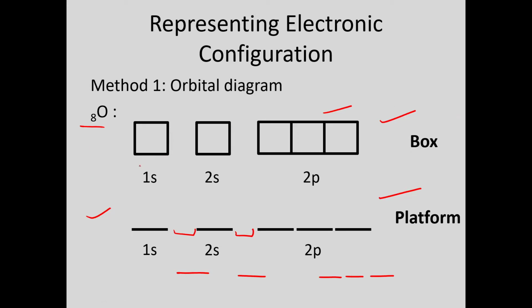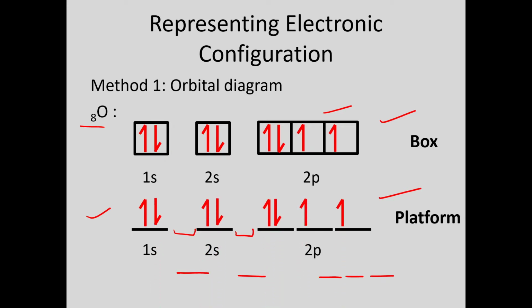So, inilah cara dia. Kita ada 2 cara kita nak tulis lah. Kita ada box dengan platform. So, 8 elektron of oxygen, okay, dia akan tersusun macam ni. Okay, if you perasan tak, untuk 1S dengan 2S, dia masuk satu atas, satu bawah, satu atas, satu bawah.